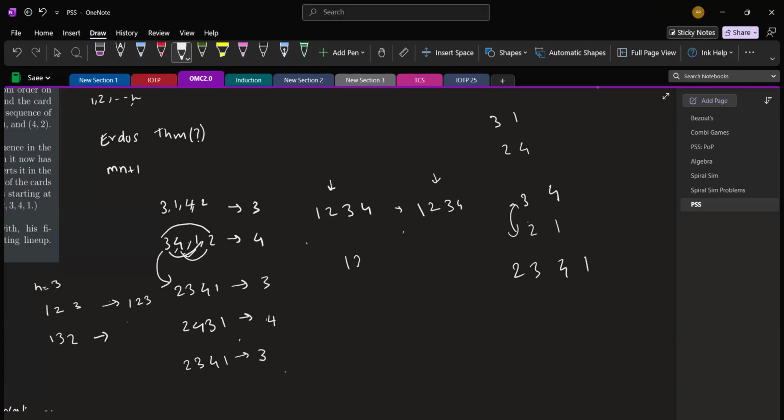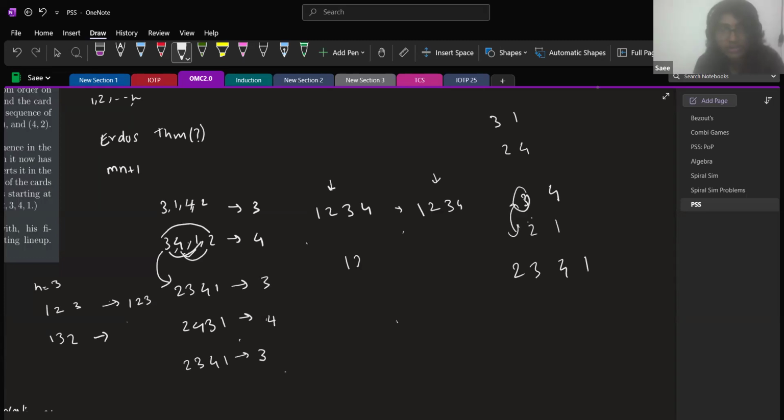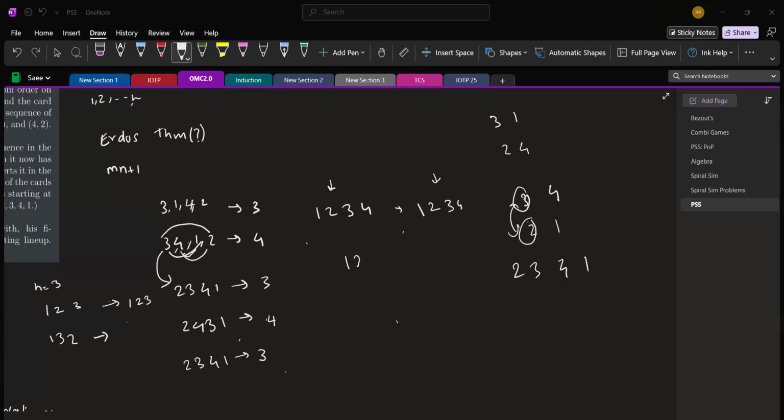So you're saying that this 2 and this 3 should switch places, right? Yes. Oh wait, did I make a mistake? Uh, one second. Yeah, that's not what's happening here. That was an interesting idea, nonetheless. Something to think about.